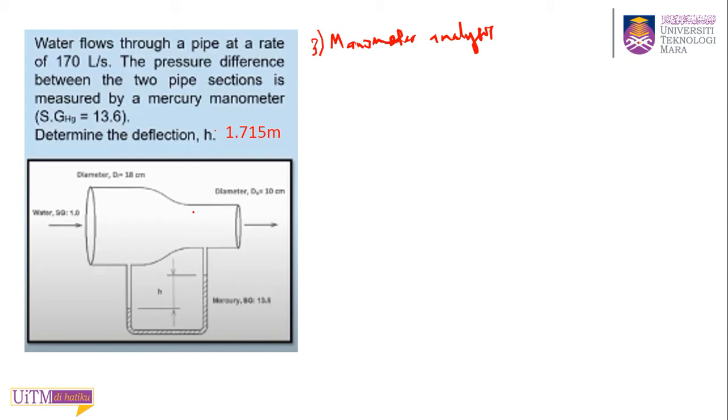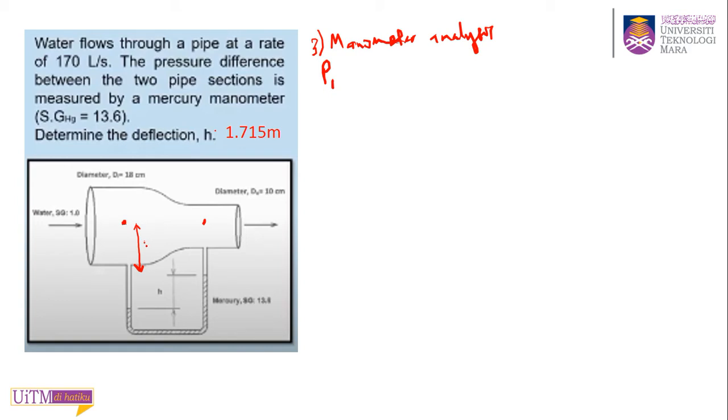Take your point 1 here and point 2 here. So write your manometer equation. P1 here, and you go down, because you don't have any height from this point to this point, so you need to introduce a term, whether it's y or a, whatever.